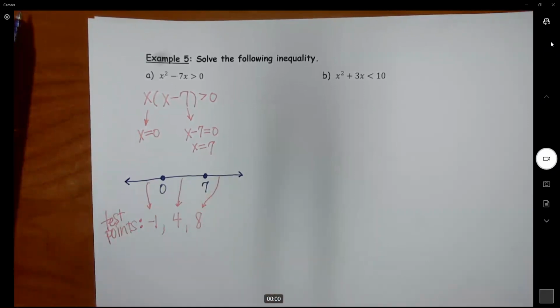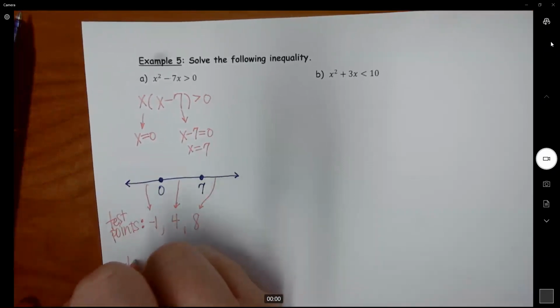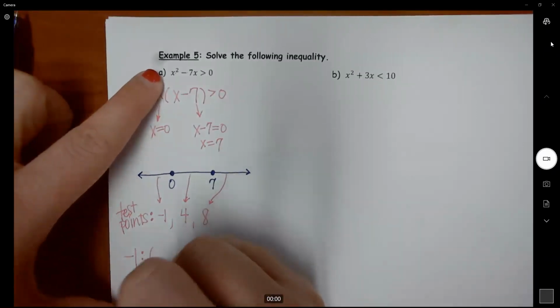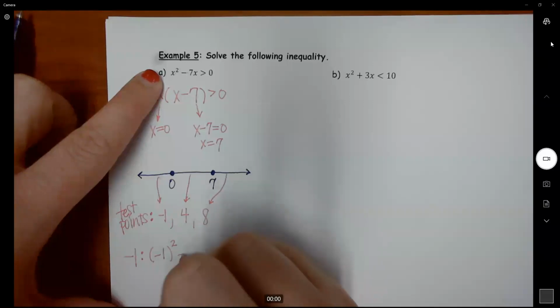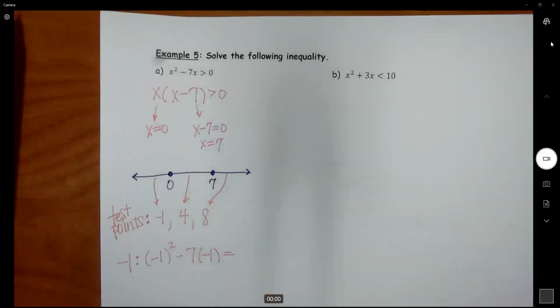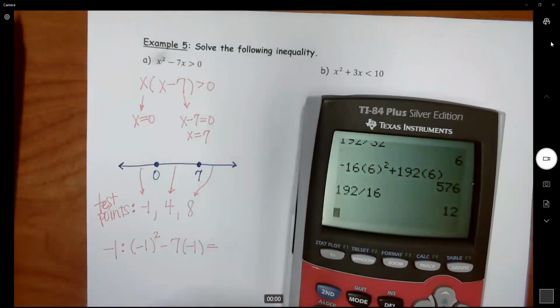So now let's plug those into our equation. When I use negative 1, I'm going to plug it into right here. I've got negative 1 squared minus 7 times negative 1. I don't really care what this equals, but I'm looking for negatives and positives.